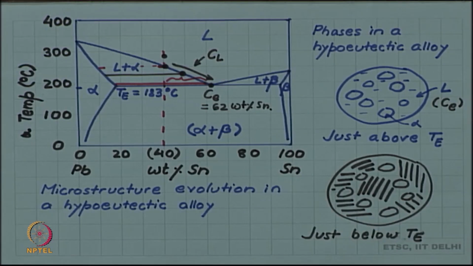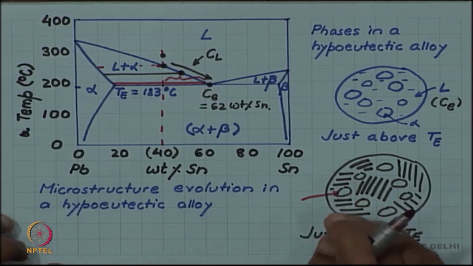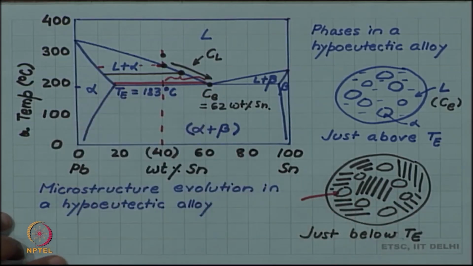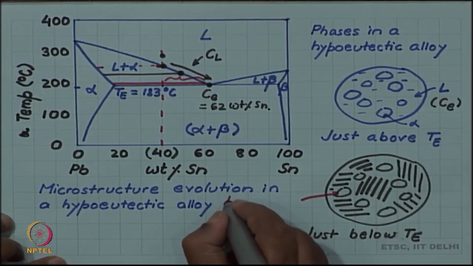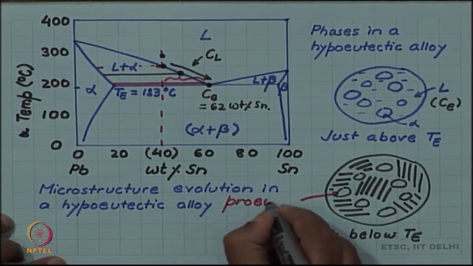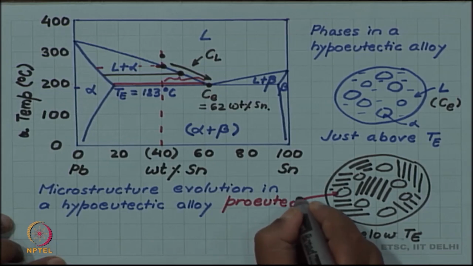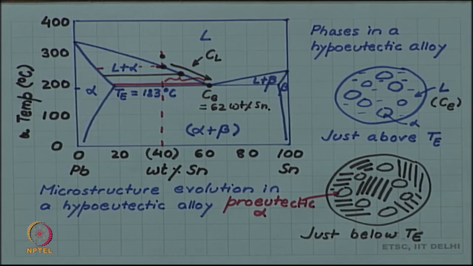So, in this alloy you now can see that there are two kinds of region. One region is these alpha which formed before the eutectic reaction. They had already formed above TE, and because of this they are called pro-eutectic alpha.